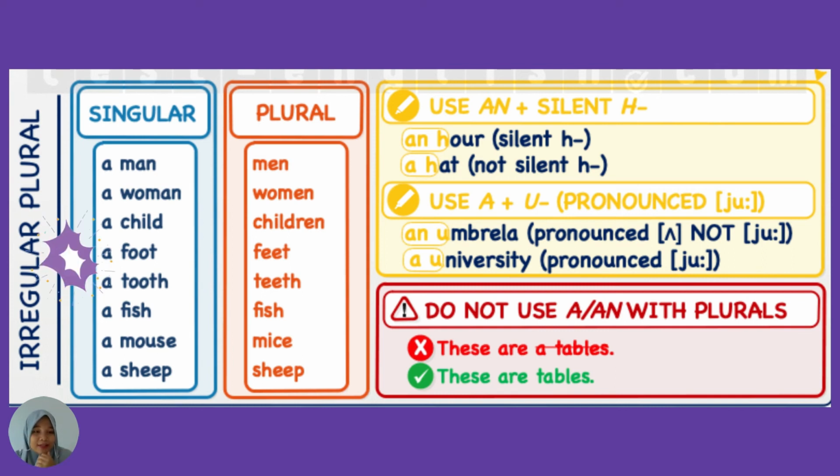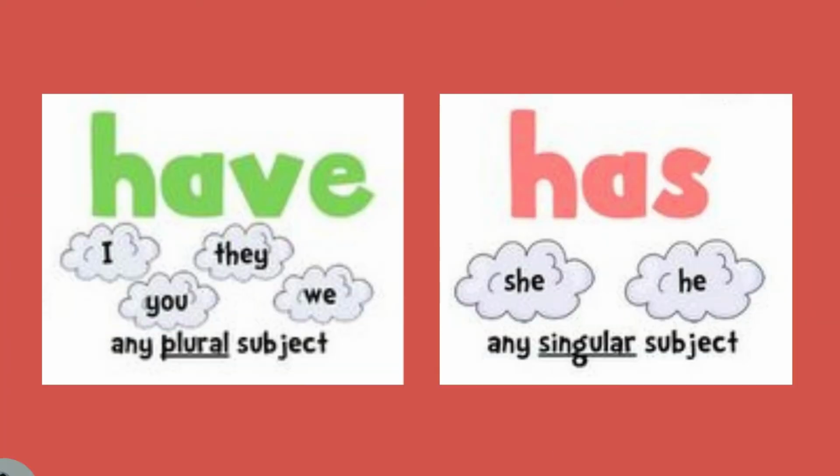How about the other? Now, we can use or state the singular and plural using have and has. Have usually used for the subject I, you, they, and we. And it usually used for any plural subject.